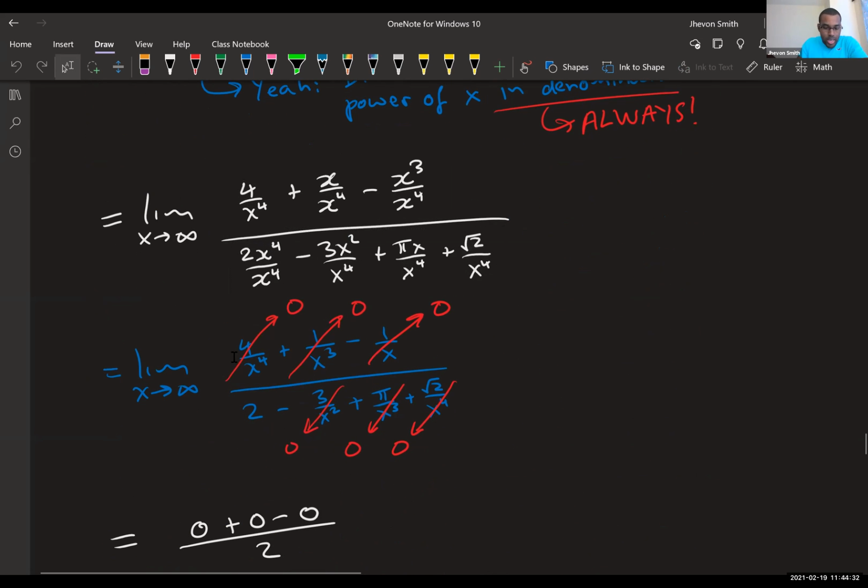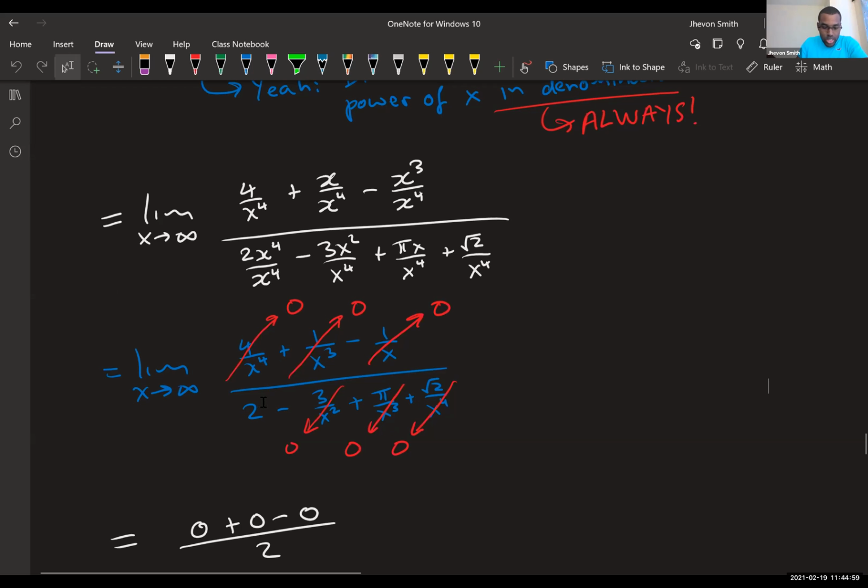What's going to happen is that you're going to notice that the polynomial in the bottom is larger than the polynomial in the top, and polynomials outgrow polynomials. That's another behavior of functions kind of thing. So an x cubed compared to an x squared, the x cubed is going to be huge compared to the x squared. The x squared is effectively going to be 0 as we're going off to infinity. That's what this takes advantage of.